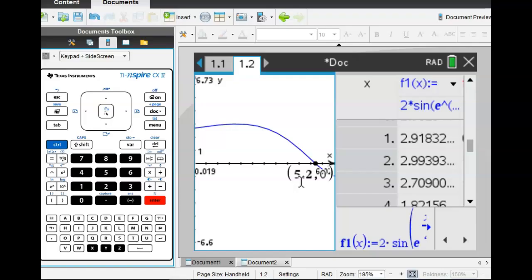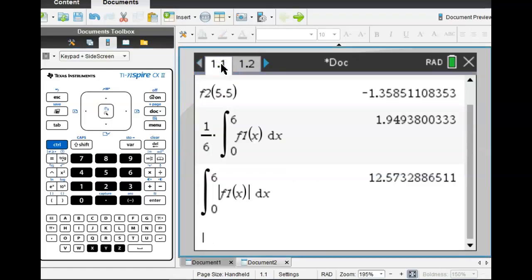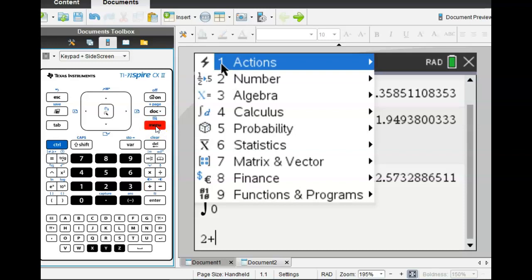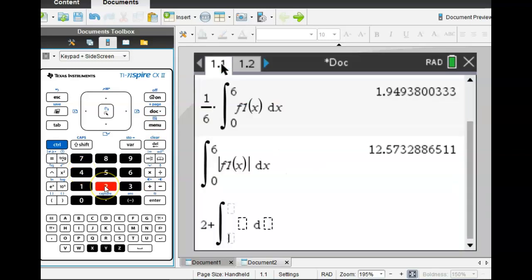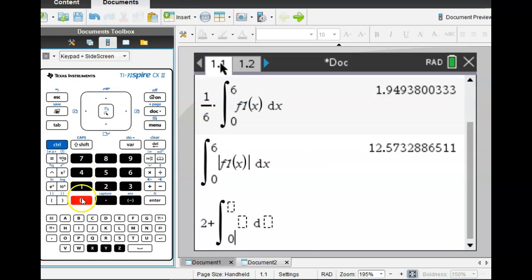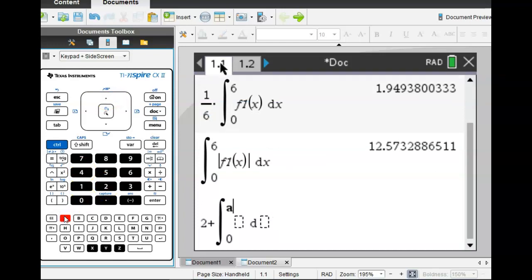So in my calculator, I'm going to have 2 plus. How do I get the integral? Menu. I want to do calculus. I want to take an integral. I'm going from 0 to what? A, because I called it A, right? A is stored in there.